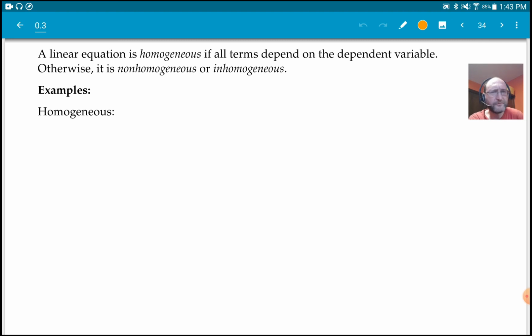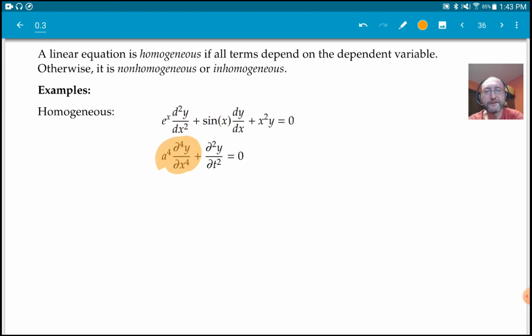So examples, some homogeneous. So here, this thing has three terms, they all depend on y. There's nothing left over. There's 0 here. So this is a homogeneous equation. Here's another one. All the terms depend on y or its derivatives, and there's nothing left over.